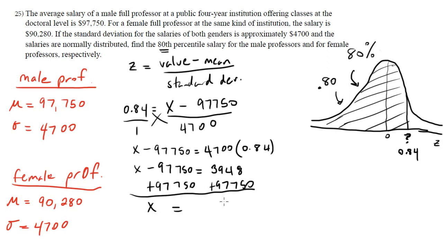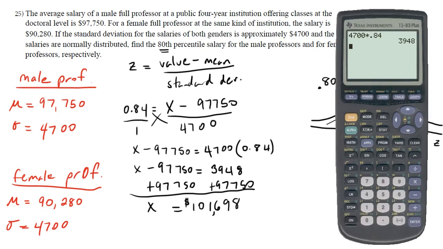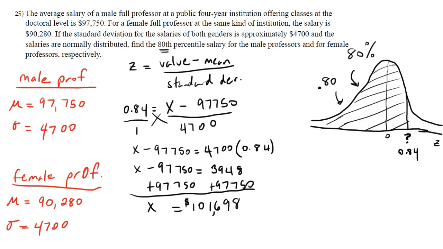I lined this up really poorly, so I don't know if I can even add it that way. I think that's $101,698. Let's double check. 3,948 plus 97,750, 101,698. I can add. Very nice. So this is the 80th percentile salary for male profs.